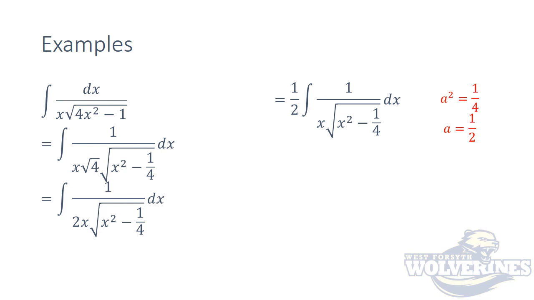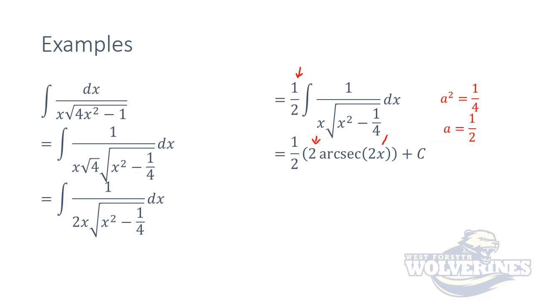Anyway. Now it matches our form, so a is 1/2. So we've got the 1/2 from the coefficient in front, but then if a is 1/2, that means that 1 over a is going to be 1 over 1/2. Flip 1/2 and it becomes a 2. So 1 over 1/2 is 2.